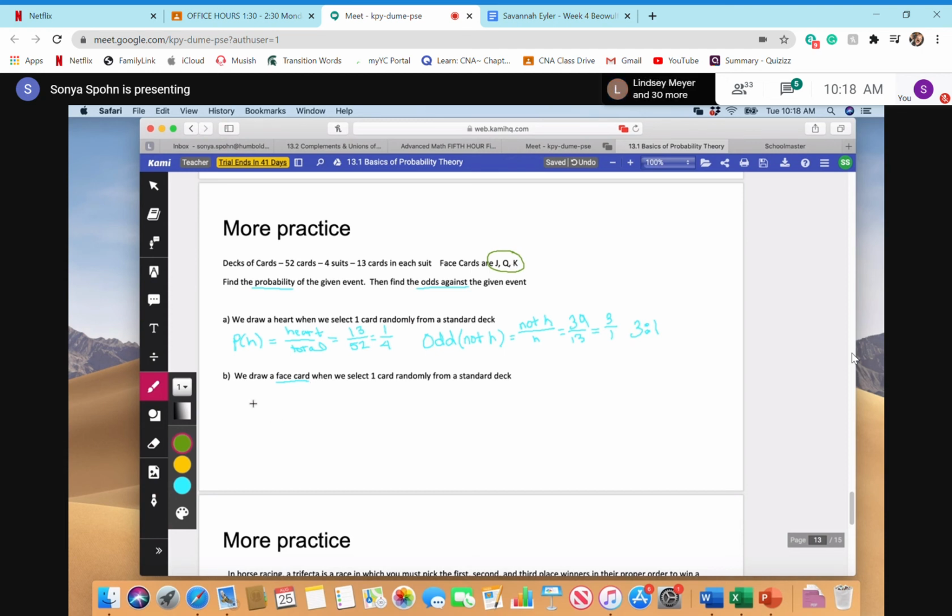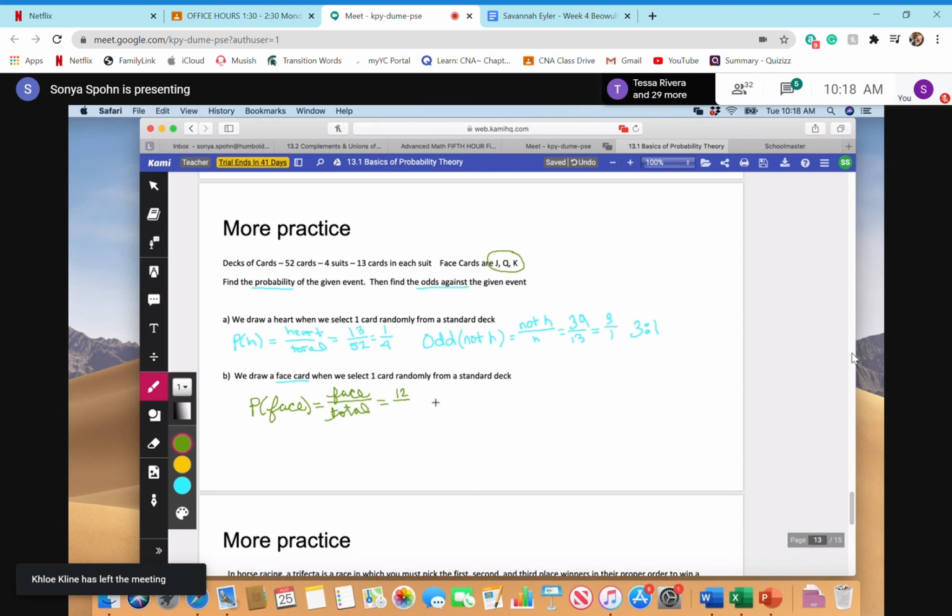All right, so probability of a face card would be a face card over the total. How many face cards are there? I told you there's going to be 4 jacks because we got hearts and clubs and diamonds and spades. There's 4 of these and 4 of these and 4 of these. So there's 12 total face cards in a deck.